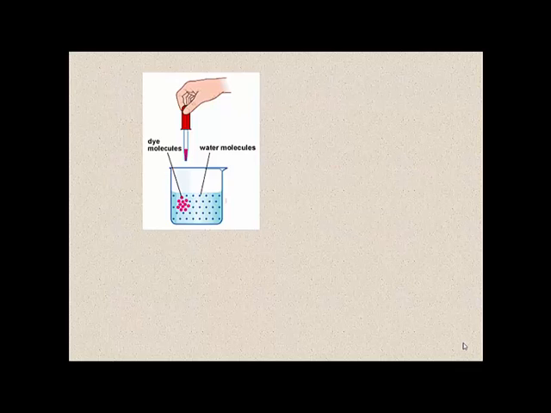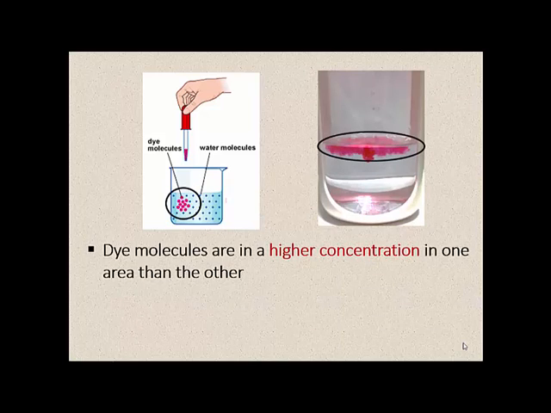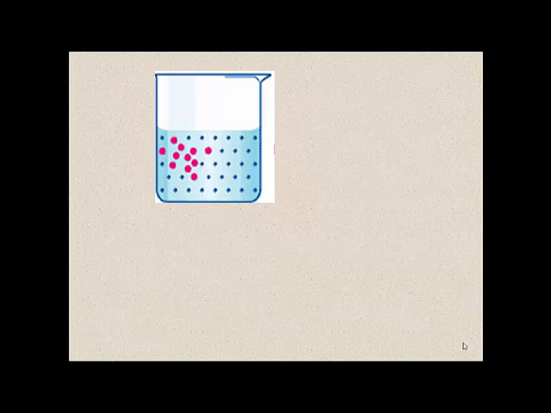Let me now explain to you the reason behind what you have observed. Dye molecules are in higher concentration in one area than the other in the beginning of the experiment. The drop of red dye exists as dye particles in water.